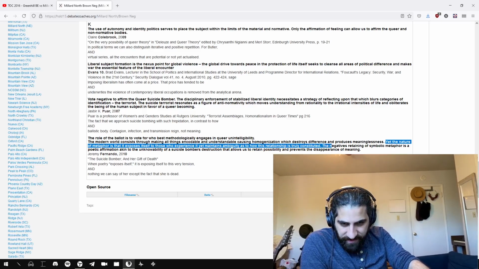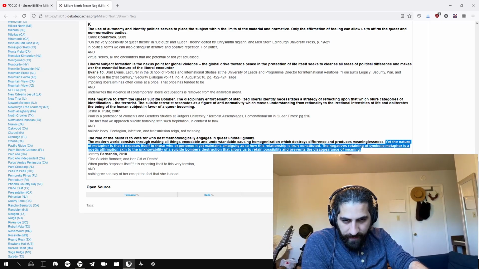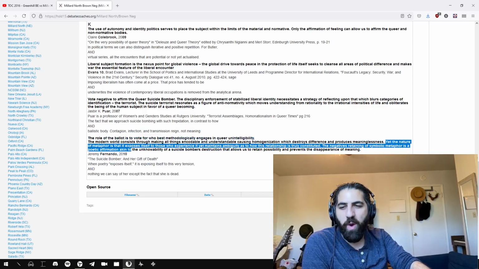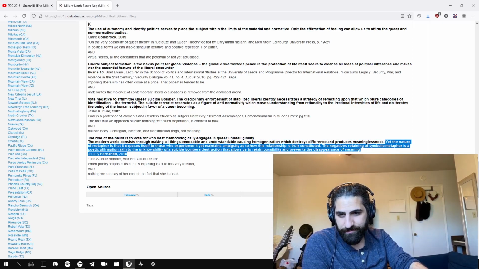The negative's retaining of symbolic metaphor is a poetic affirmation akin to the unknowability of a suicide bomber's destruction that allows us to retain possibility and prevents the disappearance of meaning. Those are several multisyllable words.